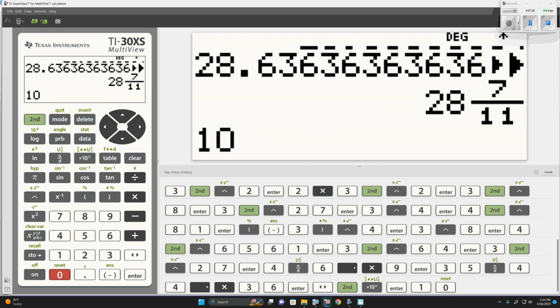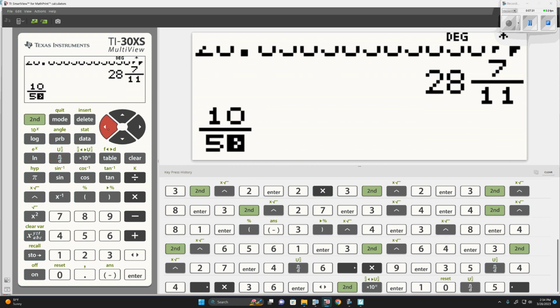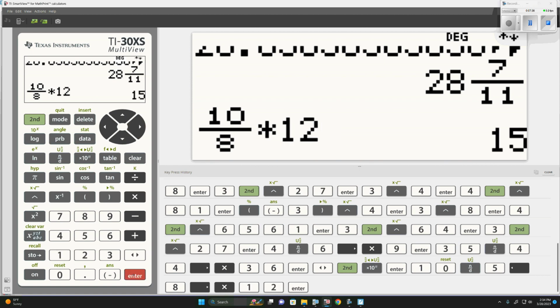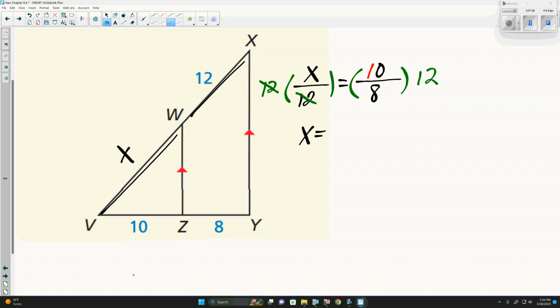Now we can say 10 over 8 times 12 is 15. So x is, so our VW is 15. Questions on any of this here?